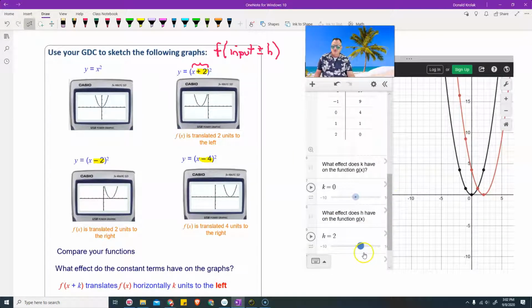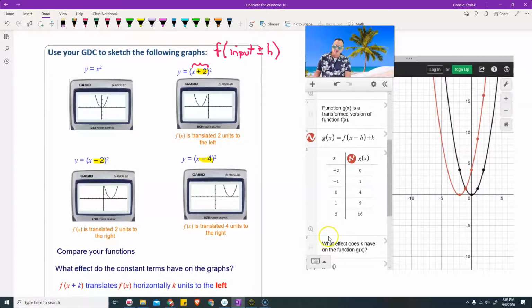All right, so when I go over here and I move this negative 2, there we go. So I moved it, h is negative 2, but when you put it into this equation up here, it becomes f of x, the input minus, but h was negative 2.